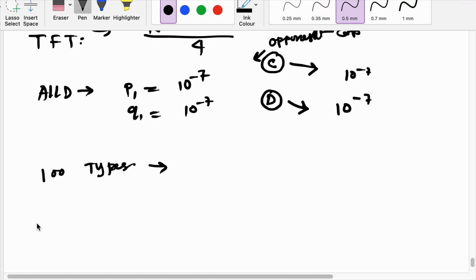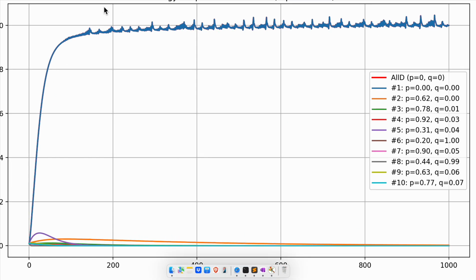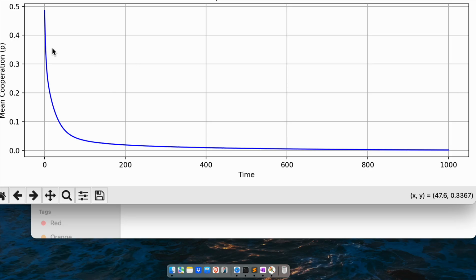Now I ensure that there is an ALLD-type strategy present. In the presence of the ALLD-type strategy, all other strategies will go extinct from the population, and the whole population will become ALLD. And again, there will be no cooperation in the population. You can see the mean cooperation is going towards 0.